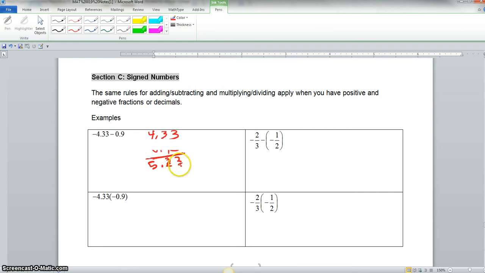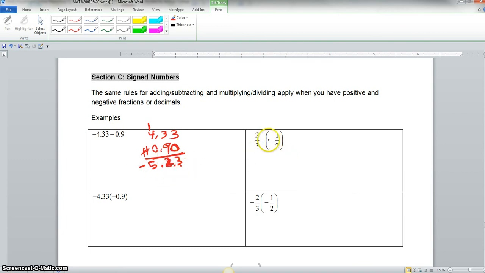We have 5.23. So we would end up with 5.23. And then since both of these had a negative sign, it'll be a negative 5.23.